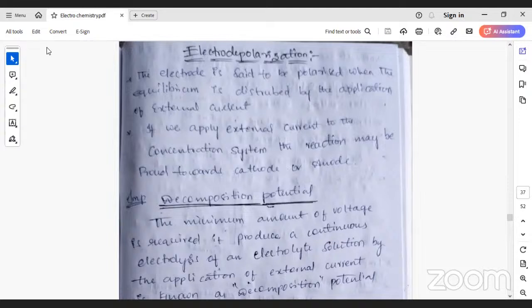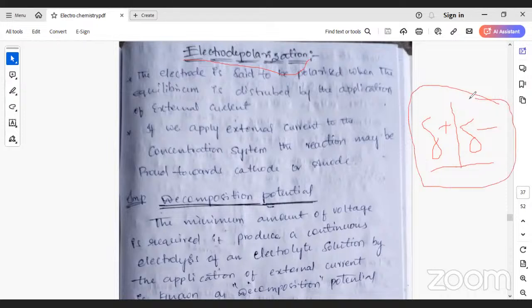Now see, electrode polarization. Polarizability means one becomes positively charged and the other becomes negatively charged, delta plus and delta minus. This is the polarized nature, or we may call it dipole nature. In our terminology, an electrode is said to be polarized when the equilibrium position is disturbed by the application of external current.